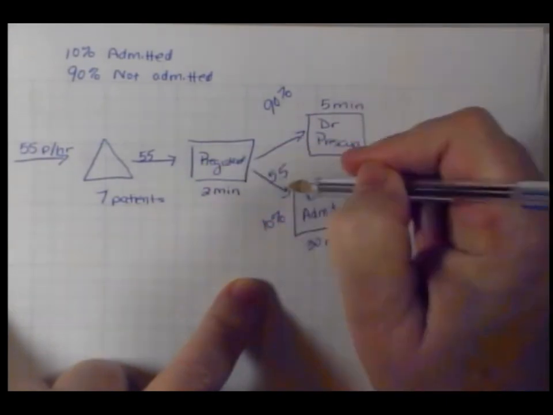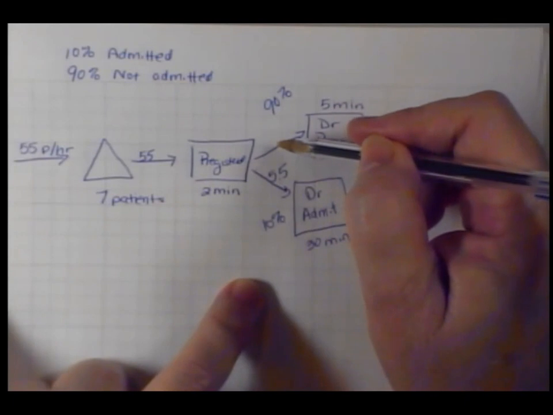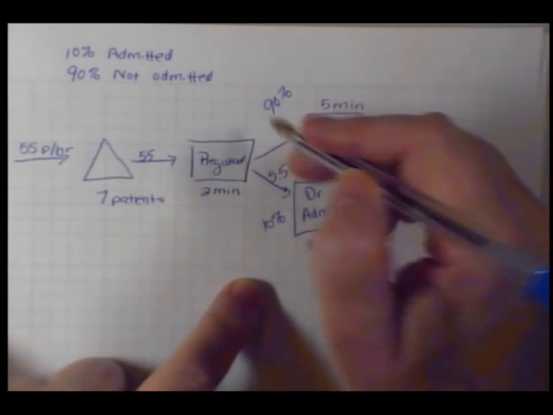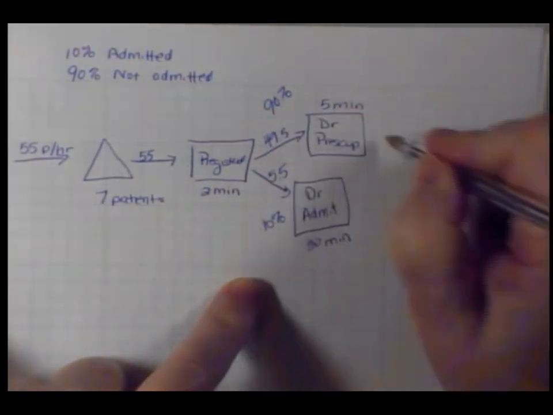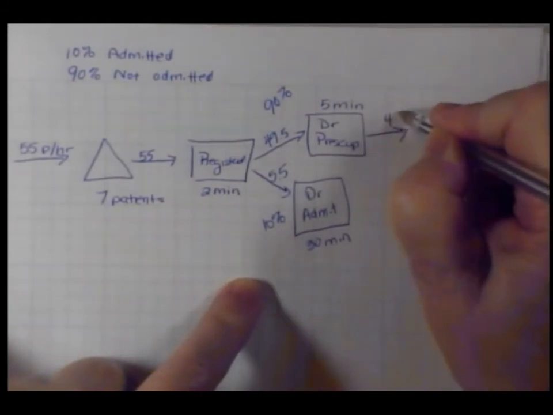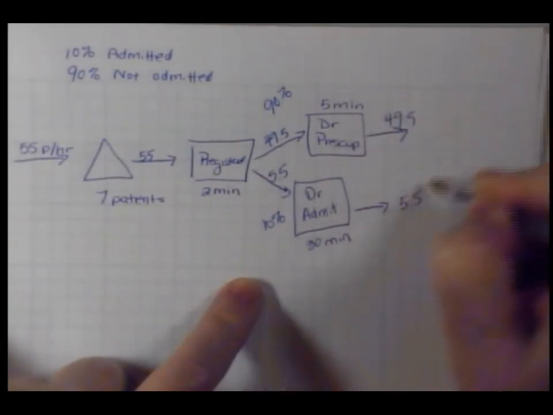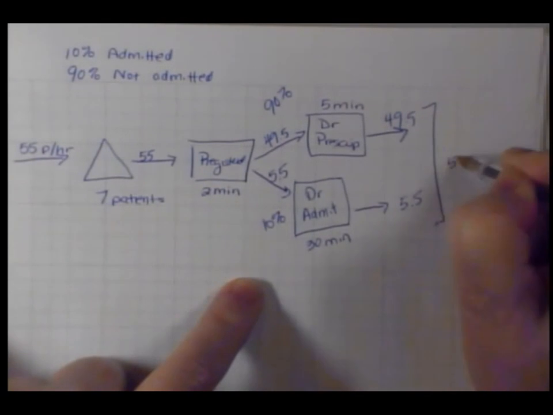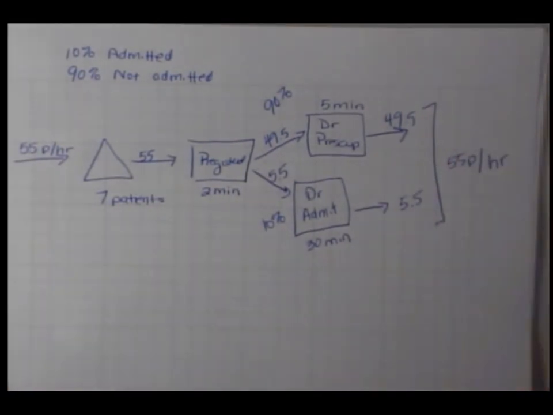And so if it's 5.5 here, then it's going to be 55 minus 5.5 up here, the remaining 90%, right? And so I think that would be 49.5. Everybody agree with that? Yes. And so you can see then, exiting the process, I still have my total of 55 patients per hour. But they're going through 2 different steps, okay, as they exit that process.